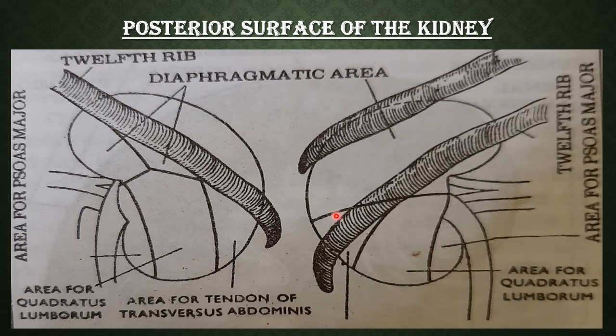The same applies to the left kidney also. More posterior to it, at the right kidney only the 12th rib is present. Then at the left kidney both the 11th as well as the 12th rib are present, covering these kidneys at the posterior aspect.